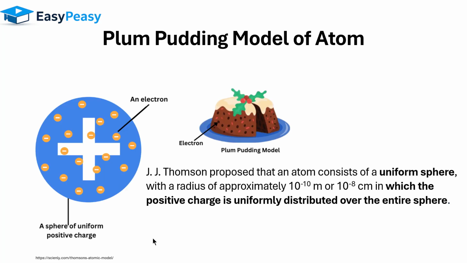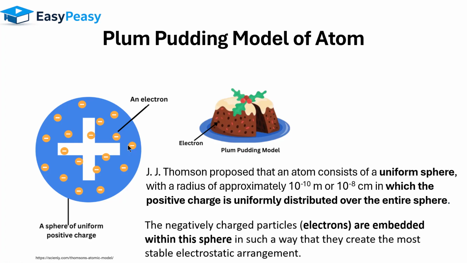J.J. Thomson proposed that an atom consists of a uniform sphere with a radius of approximately 10^-10 meter or 10^-8 centimeter, in which the positive charge is uniformly distributed over the entire sphere. Just like you can see, the blue part is the uniform positive charge.